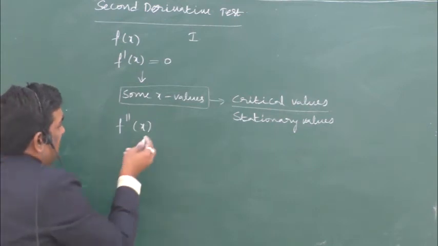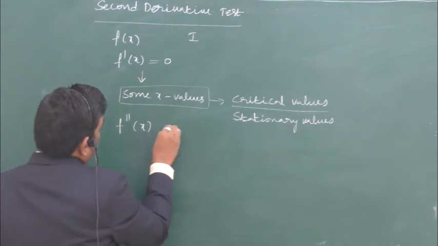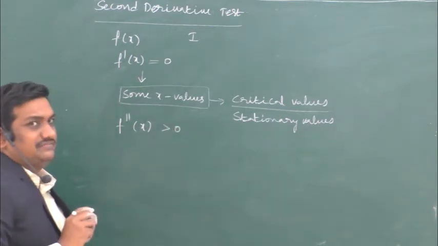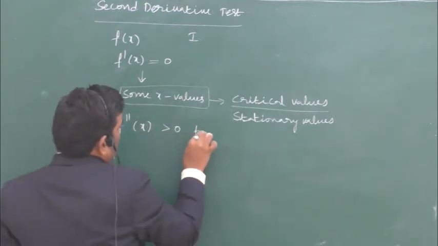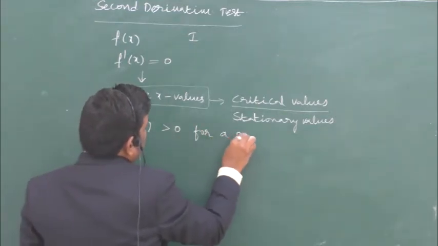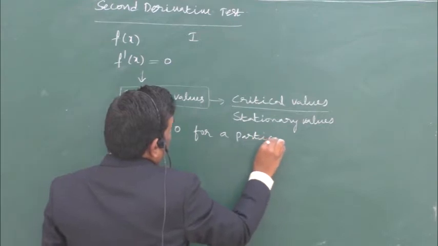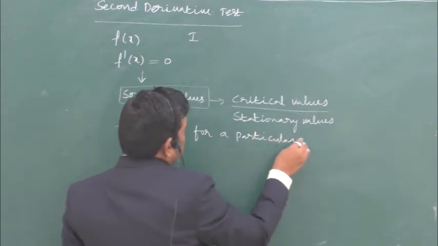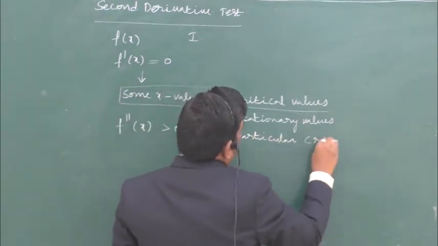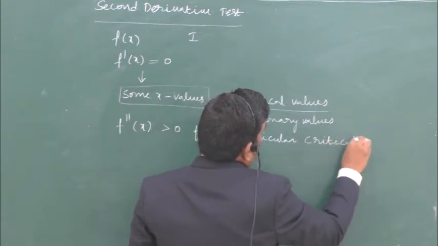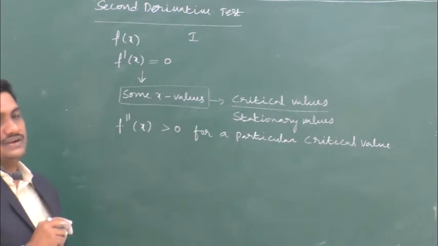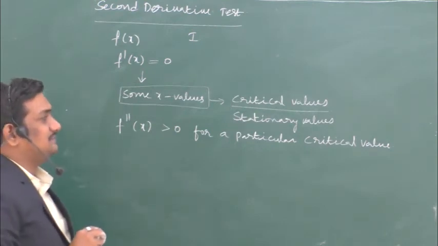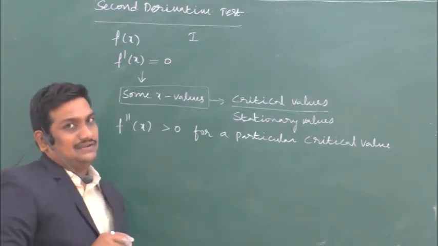If this derivative is positive for a particular stationary value or critical value, then we can say that the function has a minimum at that particular critical value.